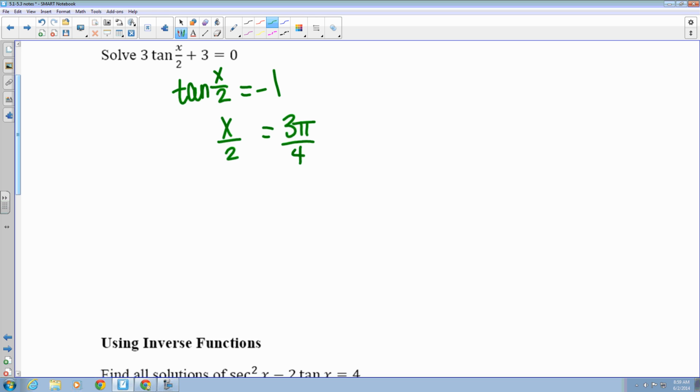And I don't have to list the other one on the unit circle because I always add the n pi, so I only have to include one, and then because of the n pi, the other one gets included. So the 3 pi over 4 is the only one I have to list. Remember, we're adding n pi. And then x over 2, I need to multiply everything by 2. So my actual answer then is 3 pi over 2 plus 2n pi.